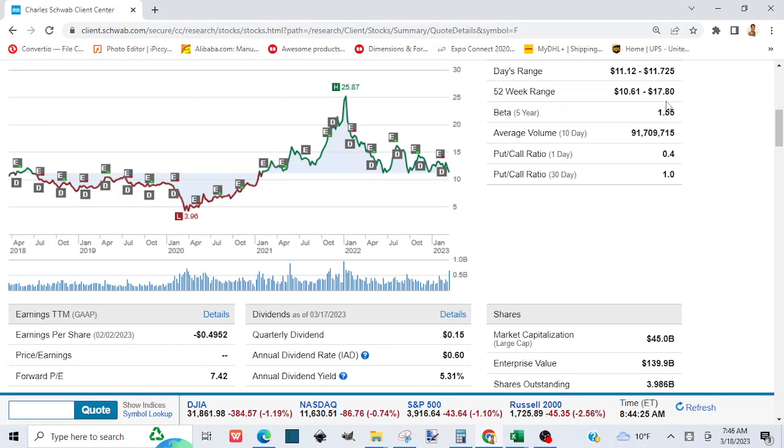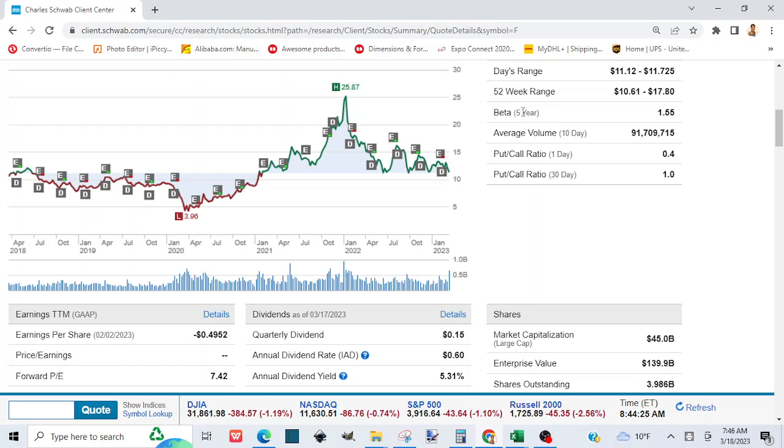But another thing that I like to pay attention to is the beta, but I'm not going to talk much about the beta. The beta can tell you, 1.55 tells you that when things are good, this stock will do well. When things are bad in the economy, these stocks will plunge down. So the higher you are away from beta 0, when the market is doing well, the stock will do well.